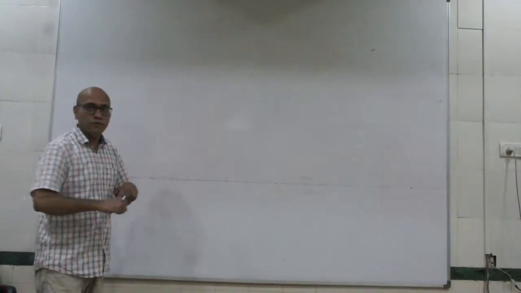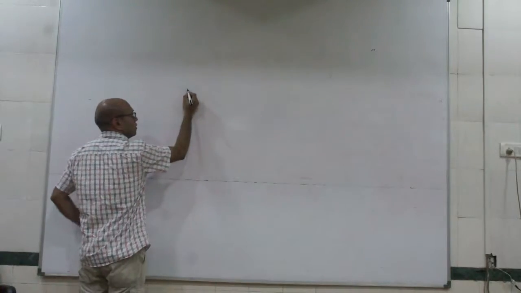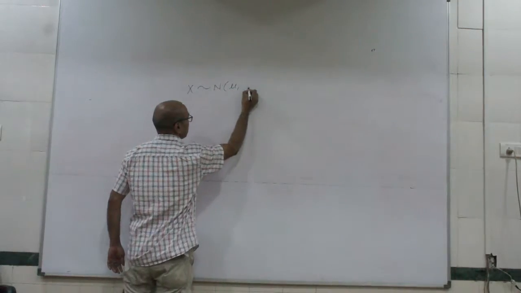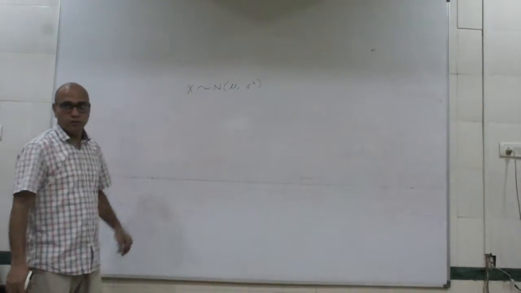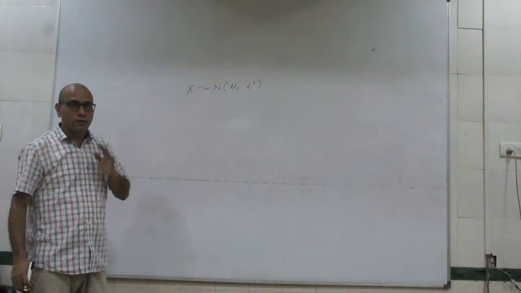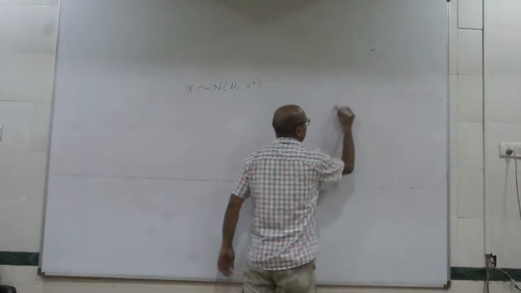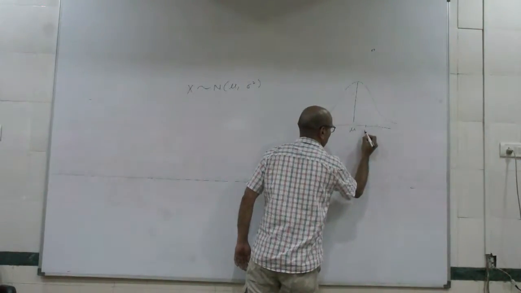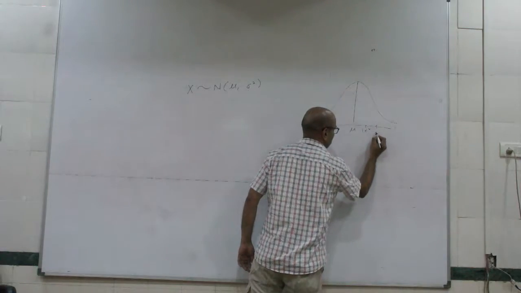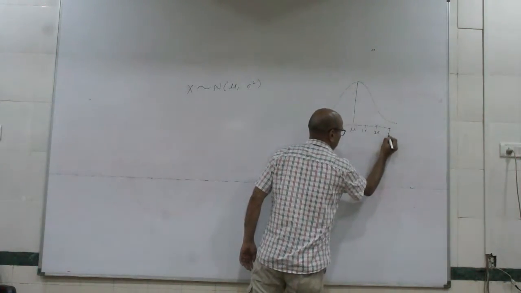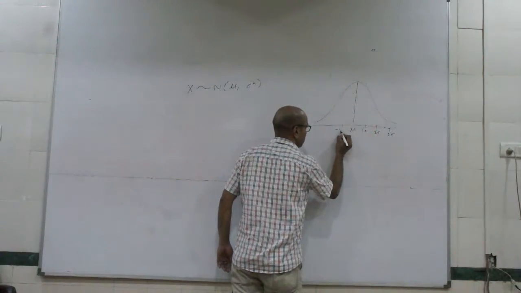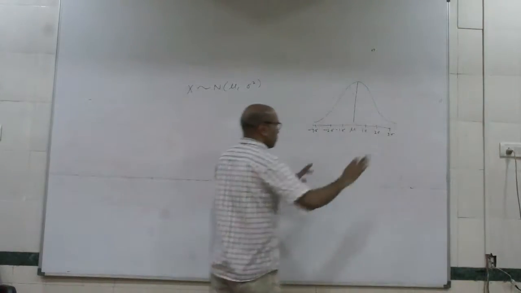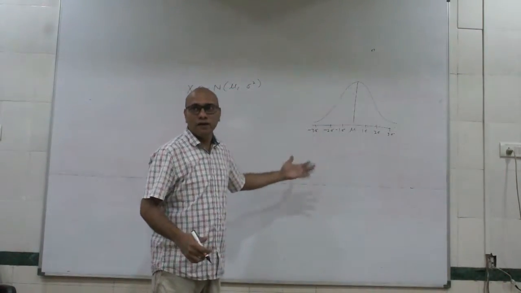Standard normal distribution is, see, x follows normal with the mean mu, variance sigma square is a normal distribution, right? Now, you perhaps draw this kind of a curve and say that this is mu, this is 1 sigma, 2 sigma, 3 sigma, negative 1 sigma, negative 2 sigma, negative 3 sigma. This is your normal distribution. Now, sigma will take some value, right?